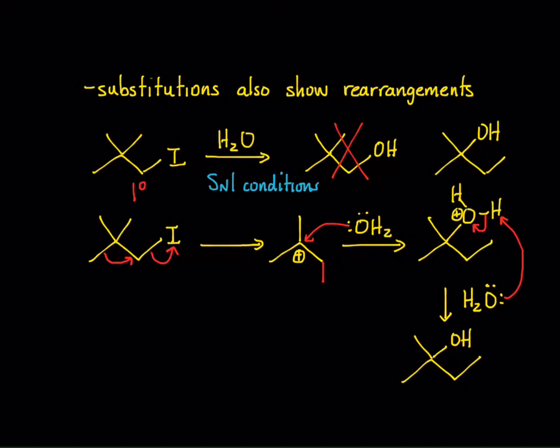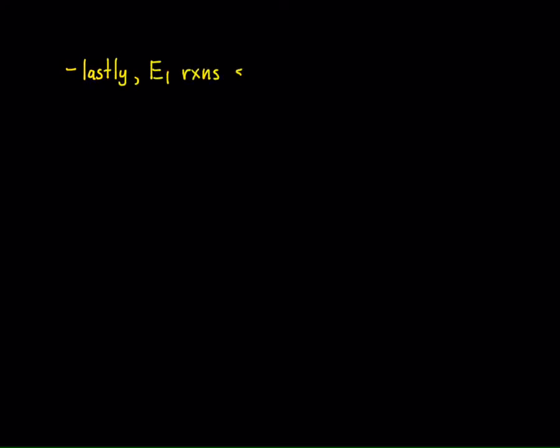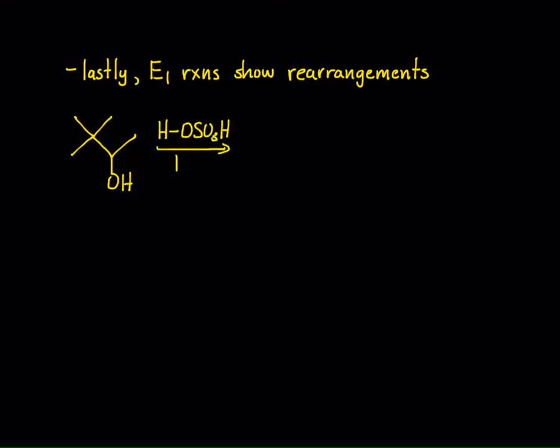We've seen SN1 reactions in which, if a carbocation forms, and even when a carbocation can't form, if you're promoting SN1 conditions, you can get rearrangements. And of course, lastly, E1 reactions also show rearrangement products, right?